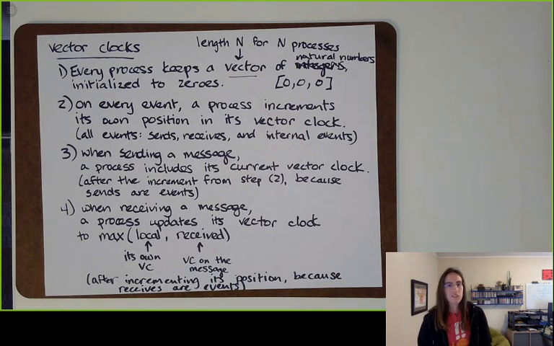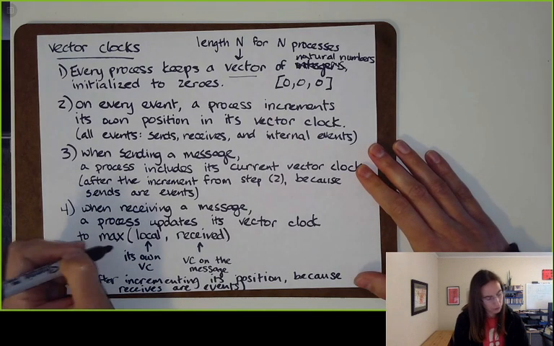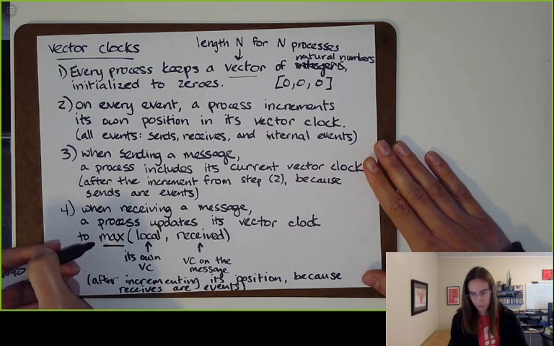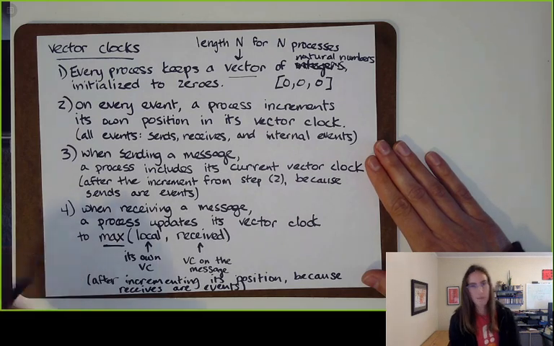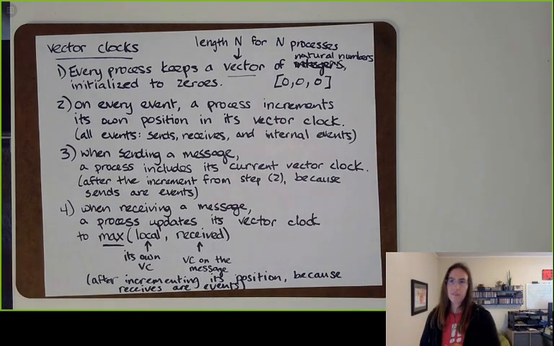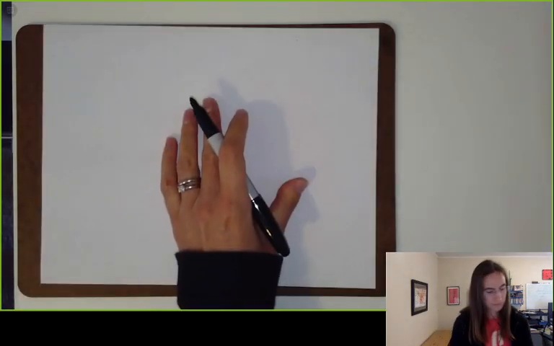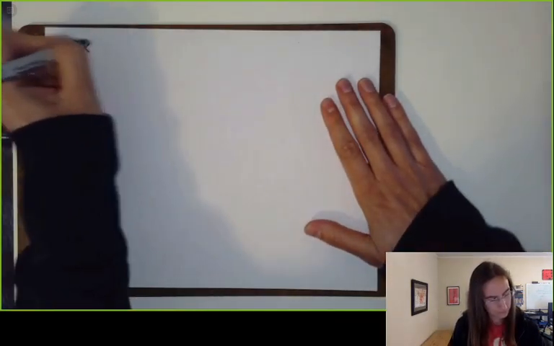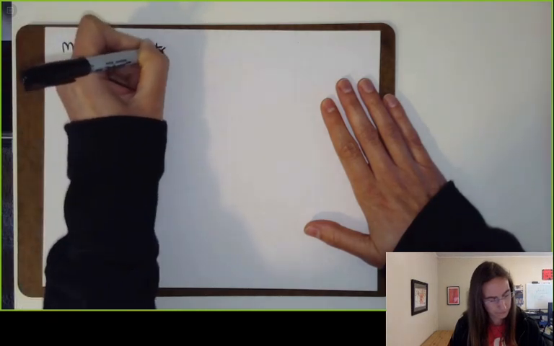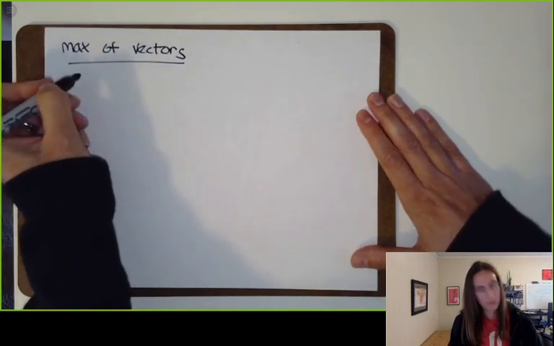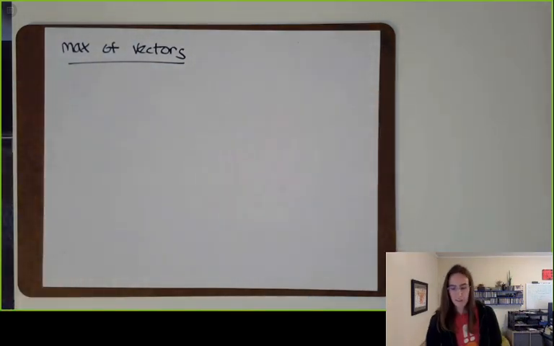In this case, instead of just keeping one number, every process is going to keep a vector, and every event is going to get associated with a vector. There was just a question: is step 4 element-wise? Right, we're doing this max operation on vectors, but we haven't defined what it means to take the maximum of vectors. So let's do that now. Somebody correctly anticipated in chat, it's going to be pointwise maximum.